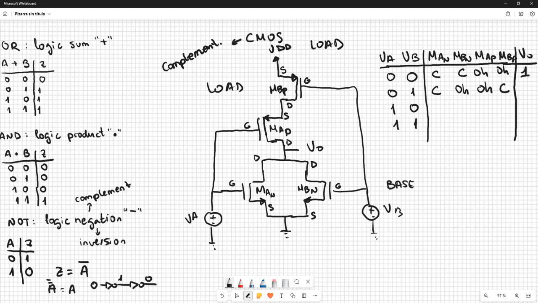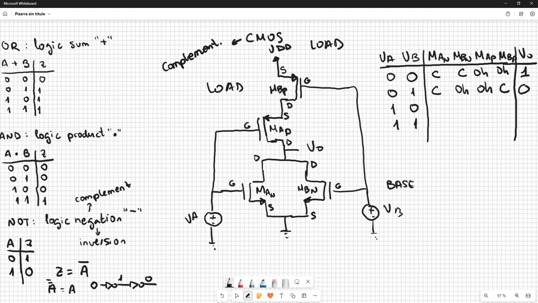In this case, we have a 0, and we can see why. We have this way cut, but this is open, okay? And we have this transistor, the PMOS B, cut. So the supply voltage cannot reach the output, but the ground can use this way to reach the output, so it's going to be 0. We just have to check whether it's the supply voltage or the ground voltage that reaches the output to know if we have a 0 or a 1.